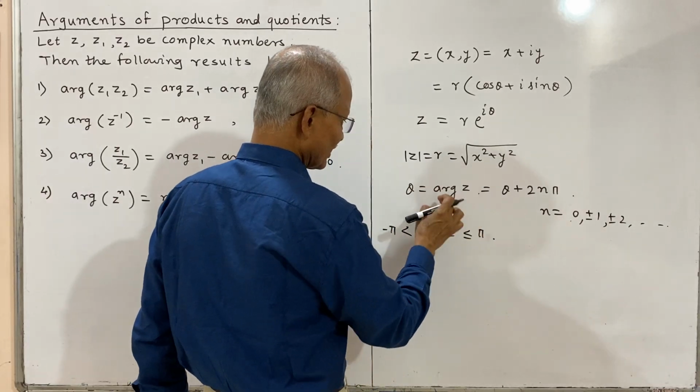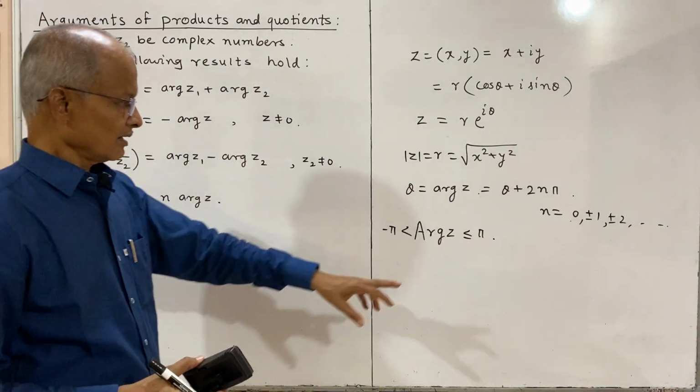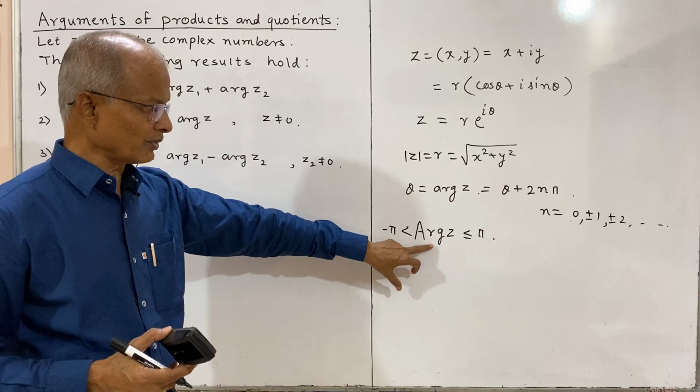That value of argument of z between minus pi and plus pi is known as the principal argument of z.